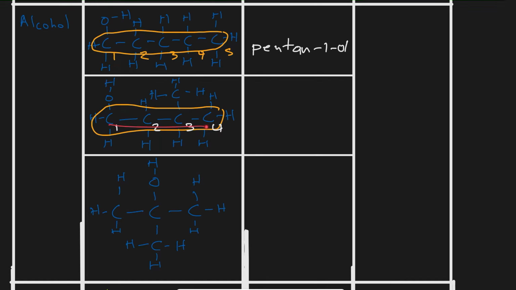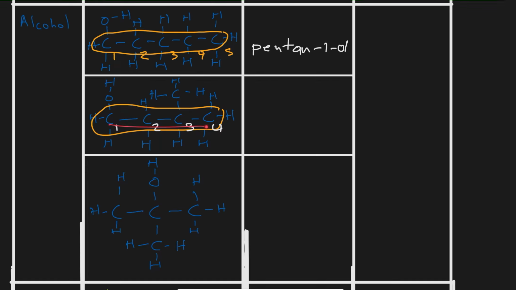So we have butane-1-ol. So now, if you look at this, we now have a branch. So that means we must also include the branch. So this branch that we have is what? Is a meth. So what is the position of that branch? Is in position number 3. So we're going to say we have 3-methylbutane-1-ol. So that is how we will label this organic molecule.